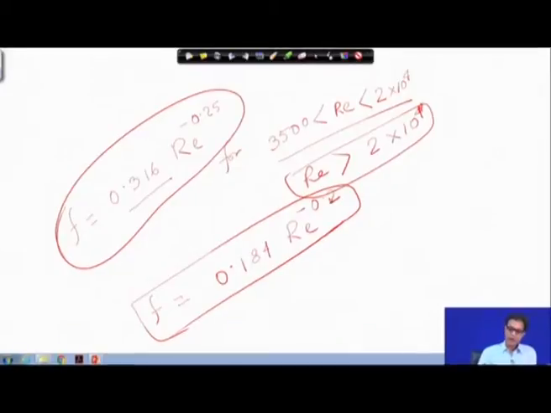And what about the heat transfer coefficient? The heat transfer coefficient is generally defined either in terms of the Nusselt number, or often in terms of the Colburn J factor.